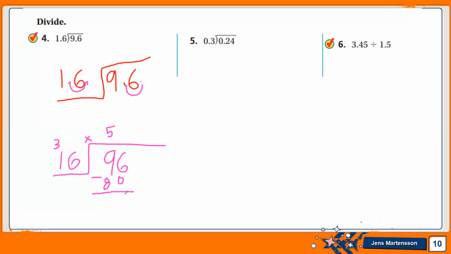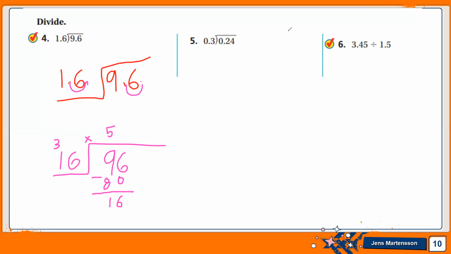Then 6 minus 0. 1. So, wait. No, wait. Since the remainder is equal to the divisor or greater than it, that means your answer is wrong.